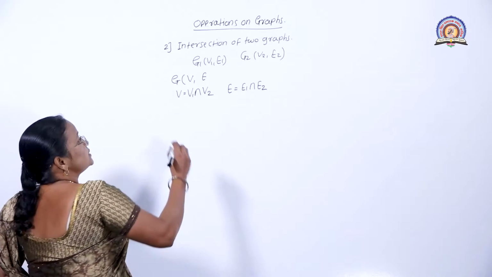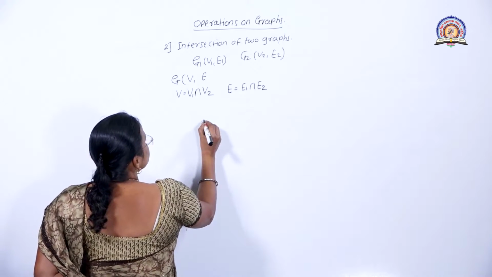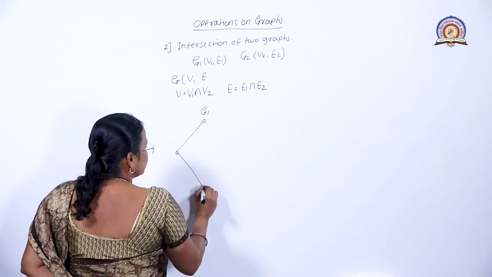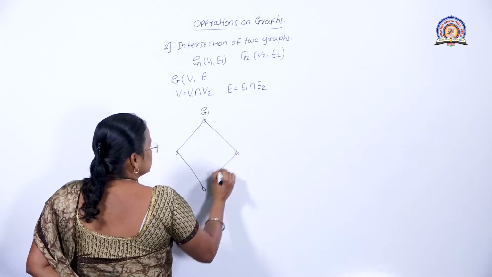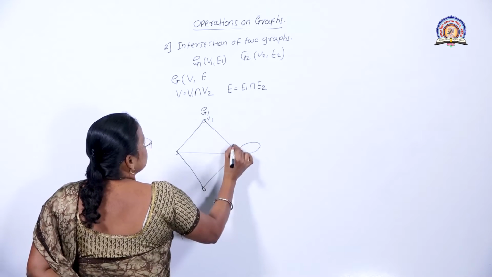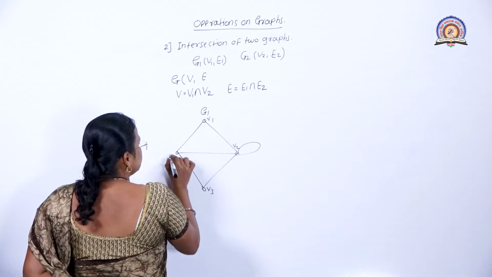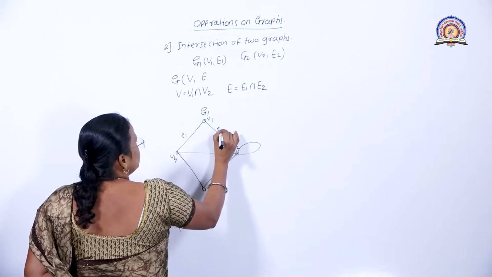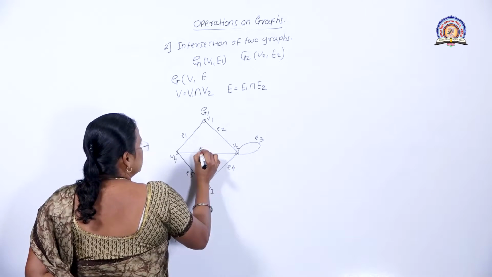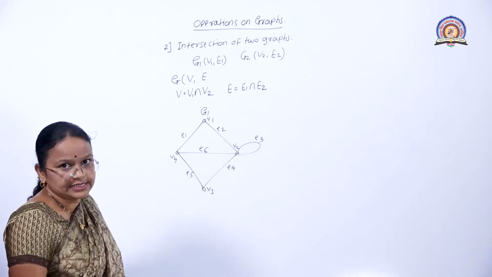Suppose our graph G1 is like this: vertices V1, V2, V3, V4 and edges E1, E2, E3, E4, E5, E6.